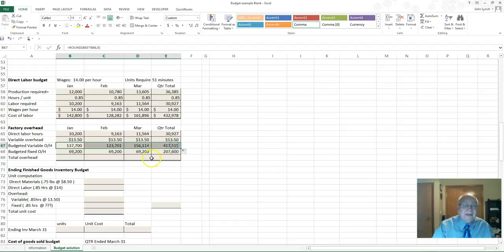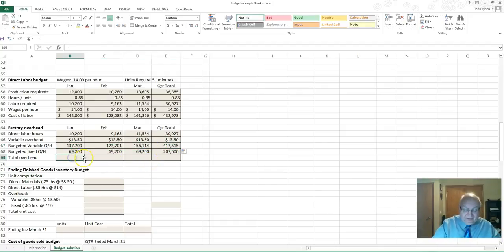We take that across, and that's our total variable cost. For the total overhead cost, we add the two together, the $137,700 plus the $69,200, and we do that all the way across. We add them up. Okay, that is our overhead.